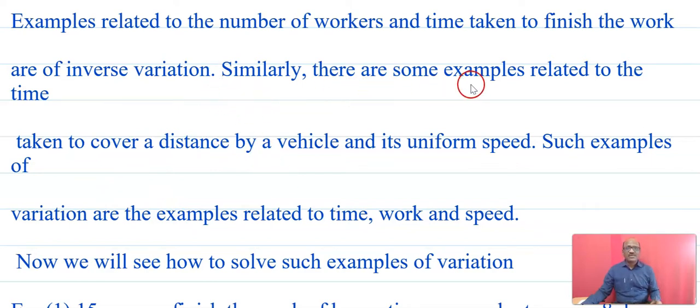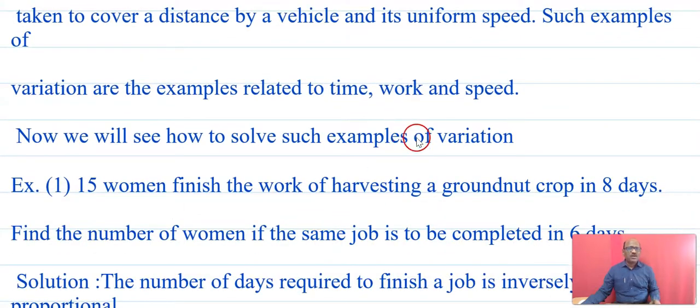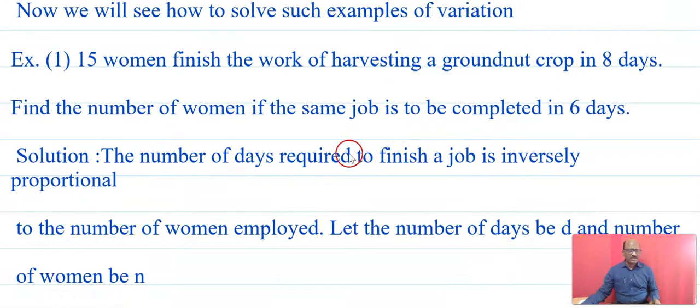Similarly, there are some examples related to the time taken to cover a distance by a vehicle at a uniform speed. Such examples of variation are examples related to time, work and speed. Now we will see how to solve such examples of variation.